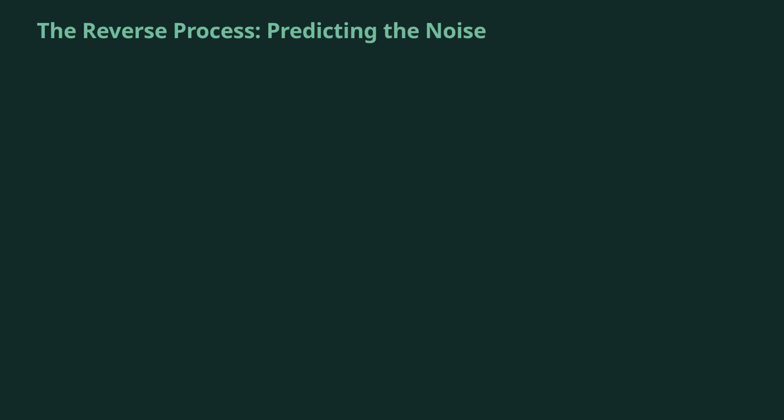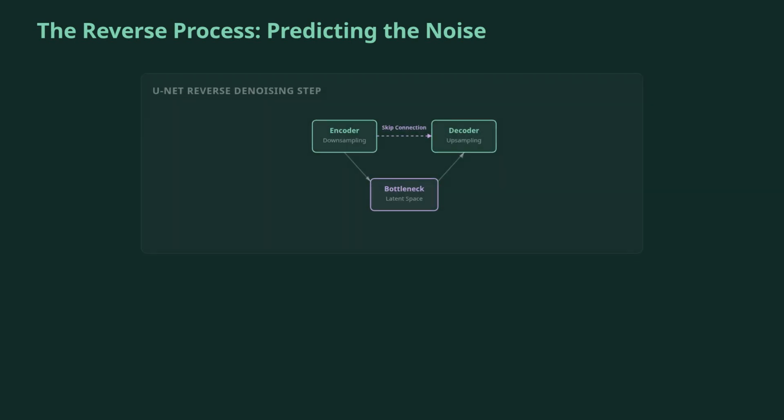Our goal is to learn the reverse process, denoted as p theta, which acts as a guide to steer us backward from pure noise to a clean image. At the heart of this reverse process is a specialized deep learning architecture known as a U-Net, which features symmetric downsampling and upsampling pathways connected by residual skip connections.